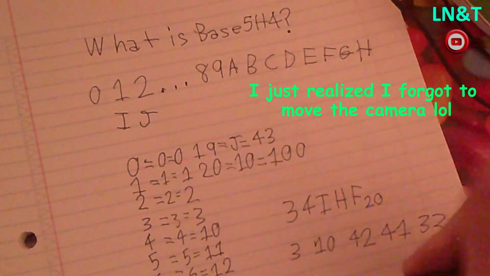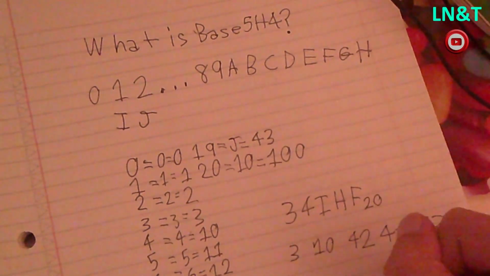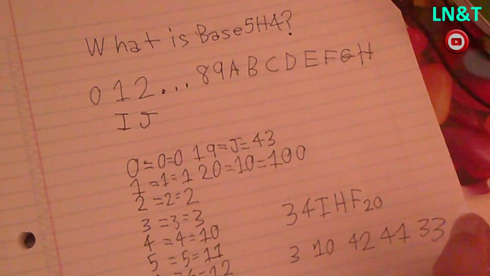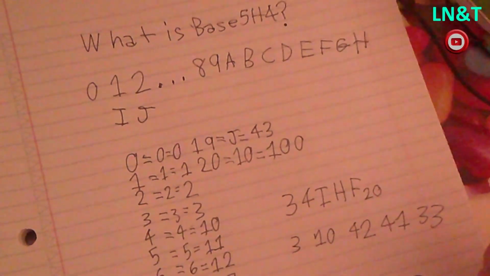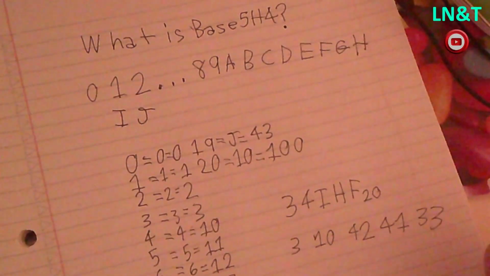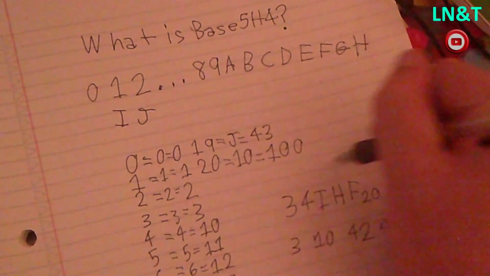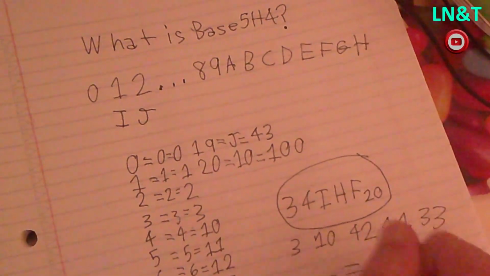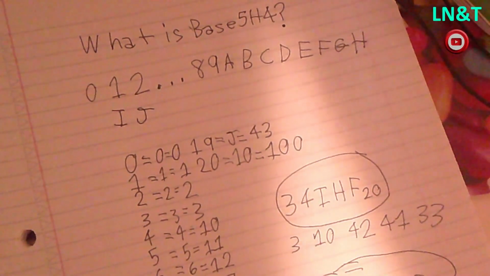So 3, 10, 42, 41, 33. And we'll put the subscript 2. Why not? So that this number equals this number in base 5H4.